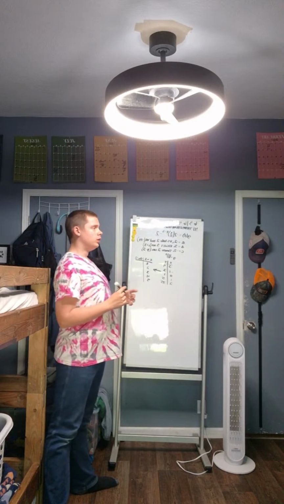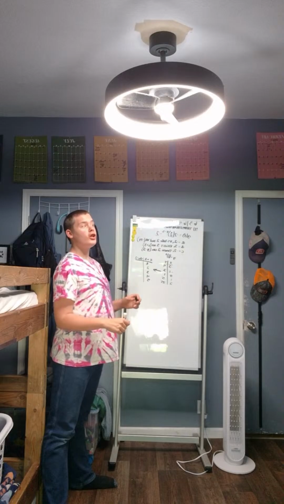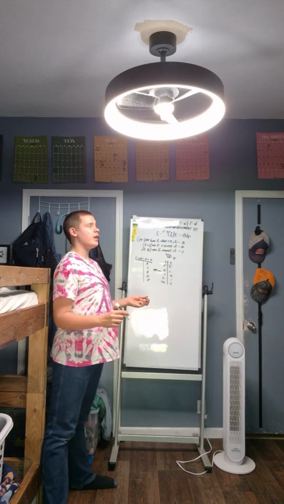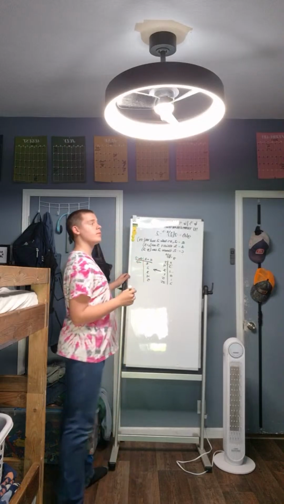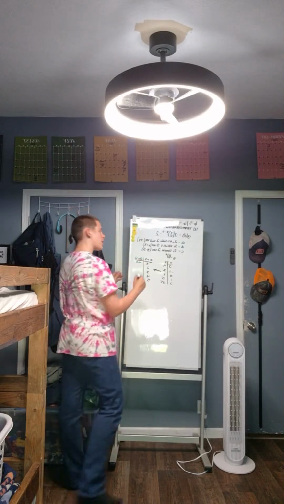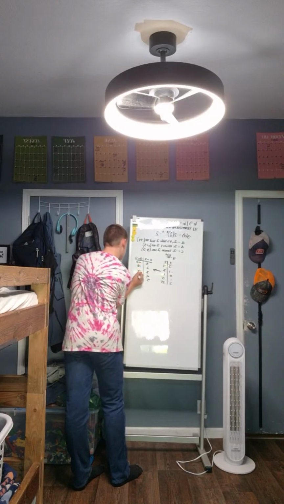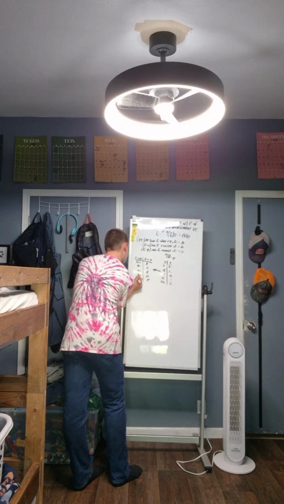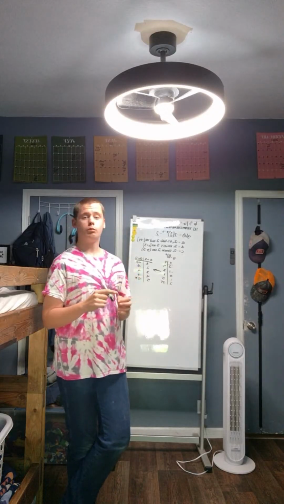So now, negative 2 times 4 is negative 8 minus 2. That would be negative 10. Then underneath would be negative 6, negative 4, negative 3, negative 2.5.